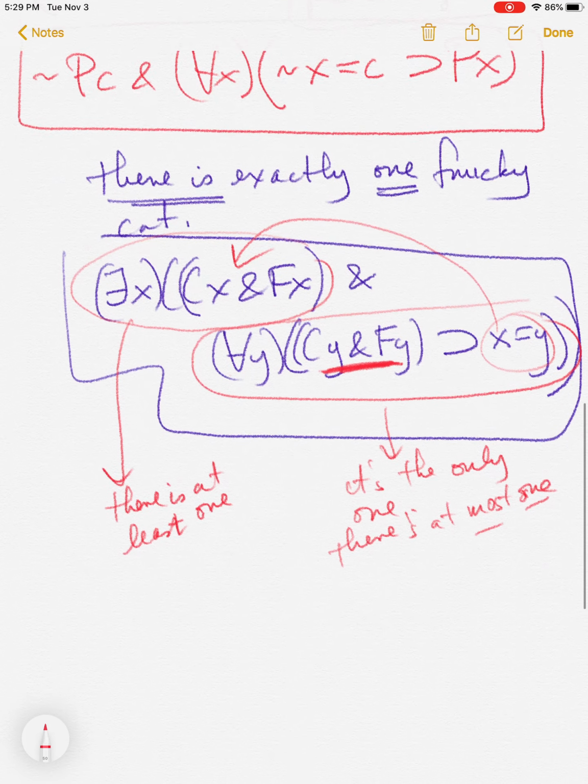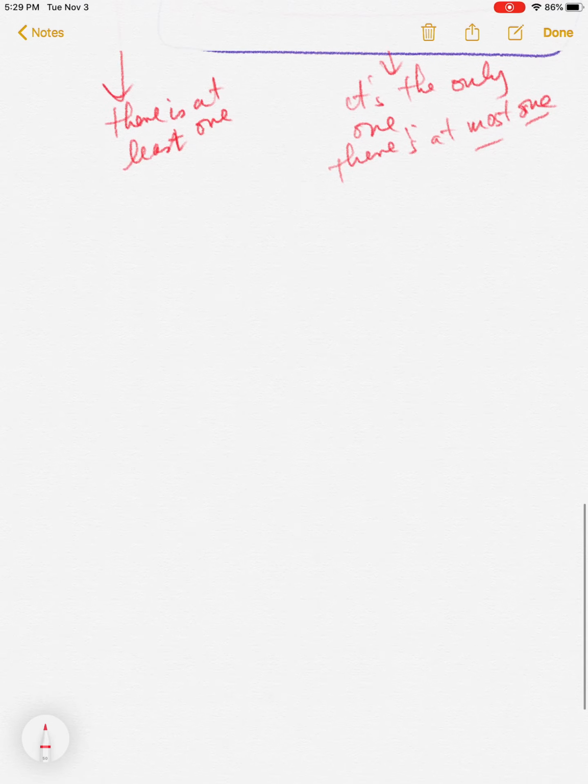Okay, all kinds of stuff we can say, right? Here's one more example. How would we say, go back to Charlotte's class, there are exactly 2 girls in the class who have pierced eyebrows.